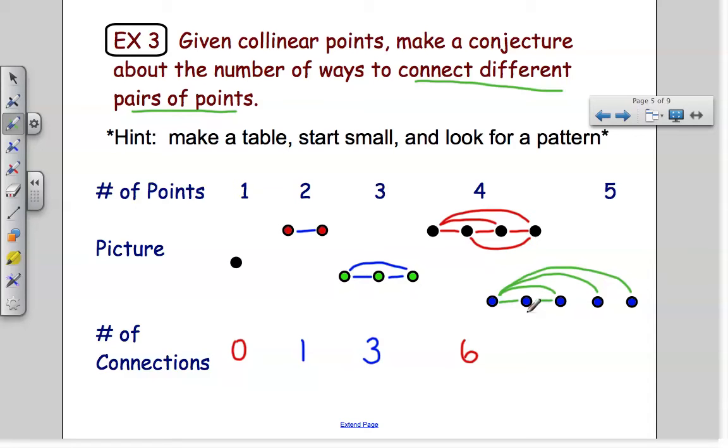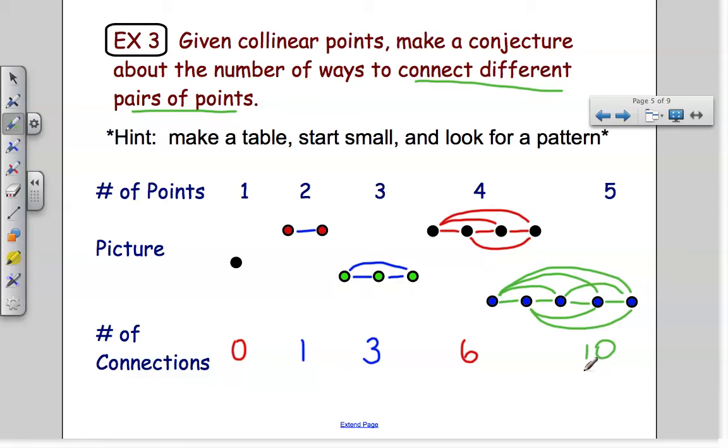The second one can go to the third, or the fourth, or the fifth. 1, 2, 3, 4, and now 5, 6, and 7. This point already went back, but I can do 8 and 9. And finally, this point needs to go here yet. 10 total connections, I already did back there. So after you have 5 points, you can make 10 connections.